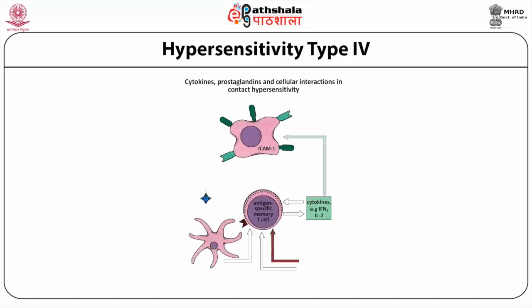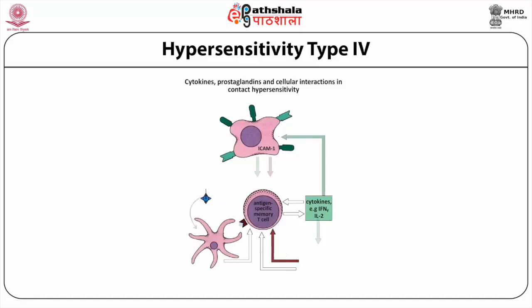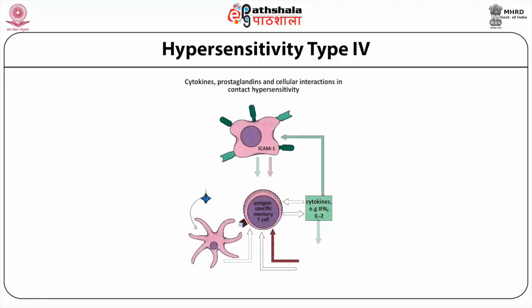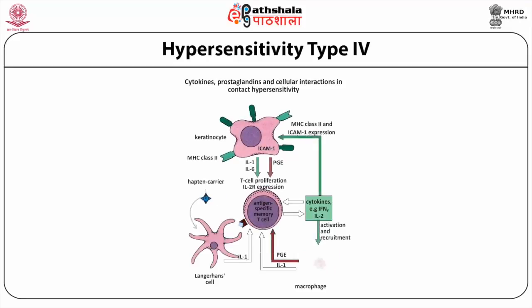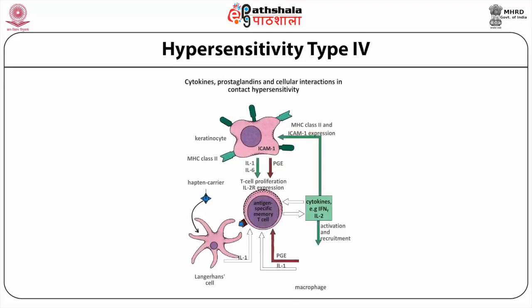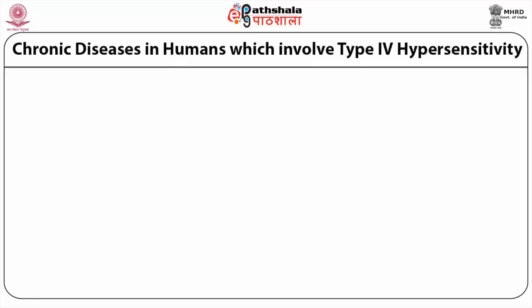The hapten peptide is degraded by the cellular mechanisms. So essentially the type 4 hypersensitivity is mediated by chemokines and cytokines secreted by the Th1 type of cells. Most chronic diseases in humans which involve type 4 hypersensitivity are listed here.